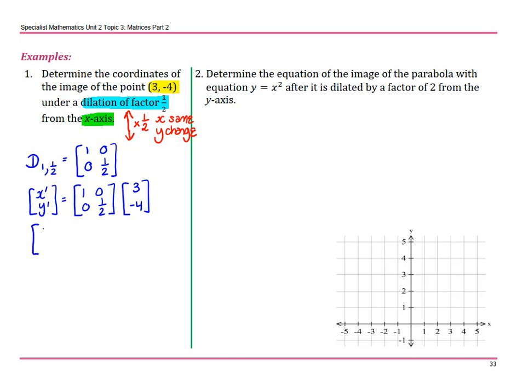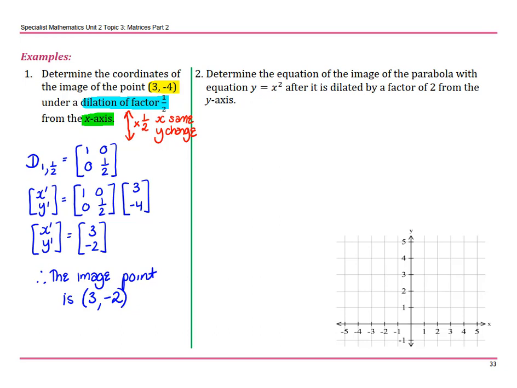Doing that multiplication, do it by hand or use your calculator. Pretty straightforward. 1 times 3 is 3. 0 times -4 is 0. So you've got 3. 0 times 3 is 0. A half times -4 is -2. So therefore, the image point is (3, -2).